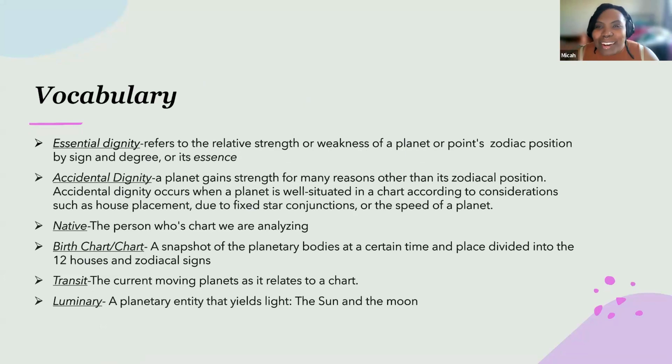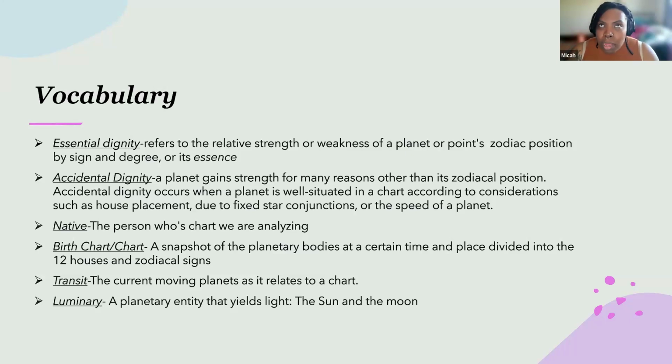We have vocabulary. Some of the vocabulary we're going to go over today, I think this is everything. I will try not to create more vocabulary that I haven't written on this list. So we have essential dignity, accidental dignity, and then the native, the birth chart, or just the chart. I'll probably just refer to things as the chart unless we're talking about a specific person's birth chart.